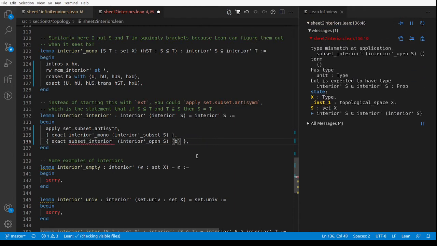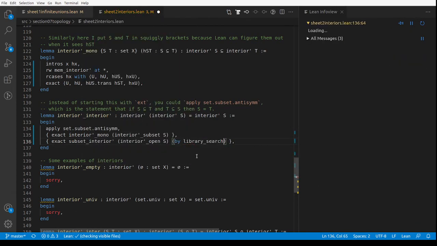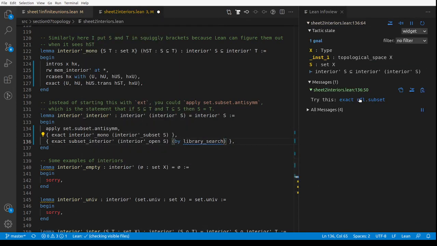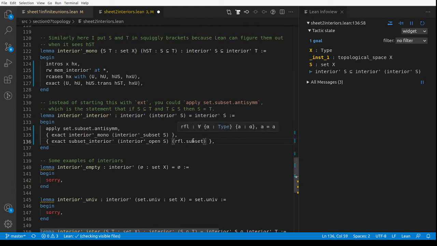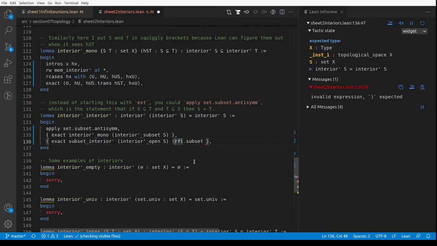Hang on. By library search. Oh, there we go. Apparently it's called rfl.subset. What's going on there? I don't quite understand that. So someone's done something very clever there. I'm sure it used to be called set.subset refl.